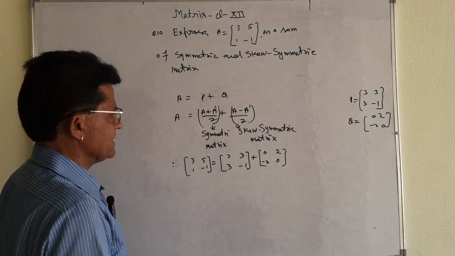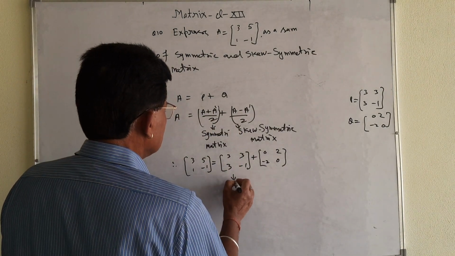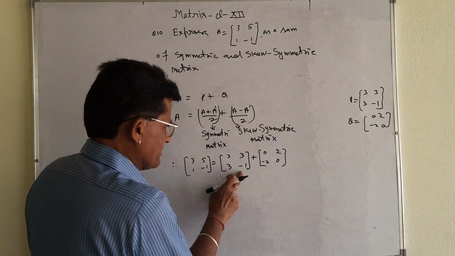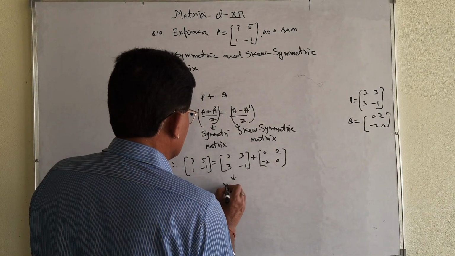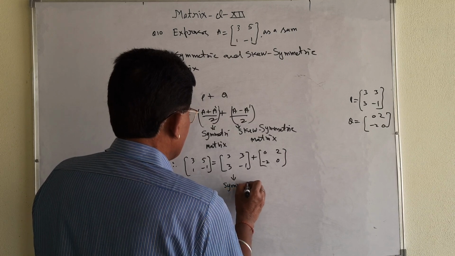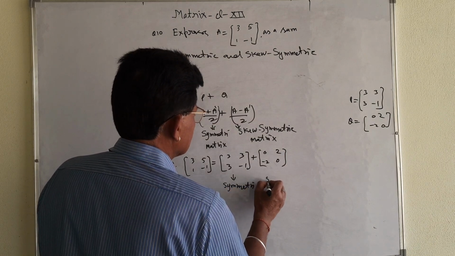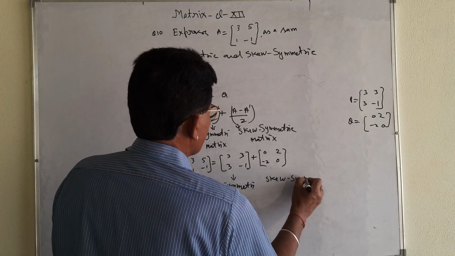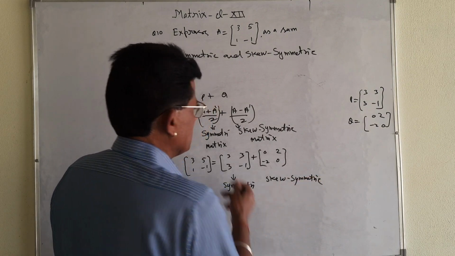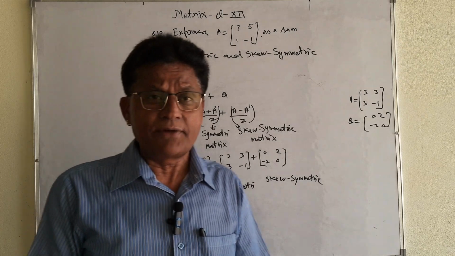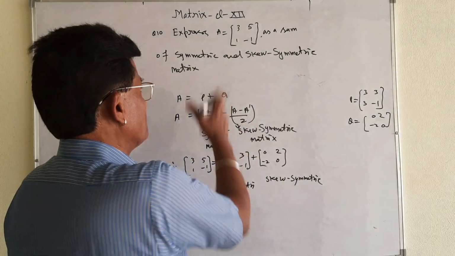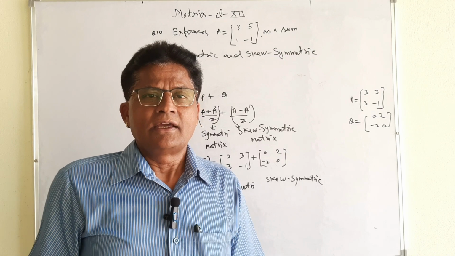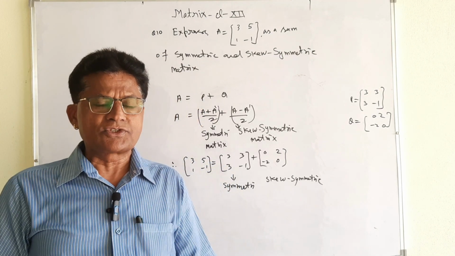That means a square matrix is the sum of a symmetric matrix as well as a skew-symmetric matrix. There is a lengthy calculation, but I have explained each and every point so that you can solve each and every question.